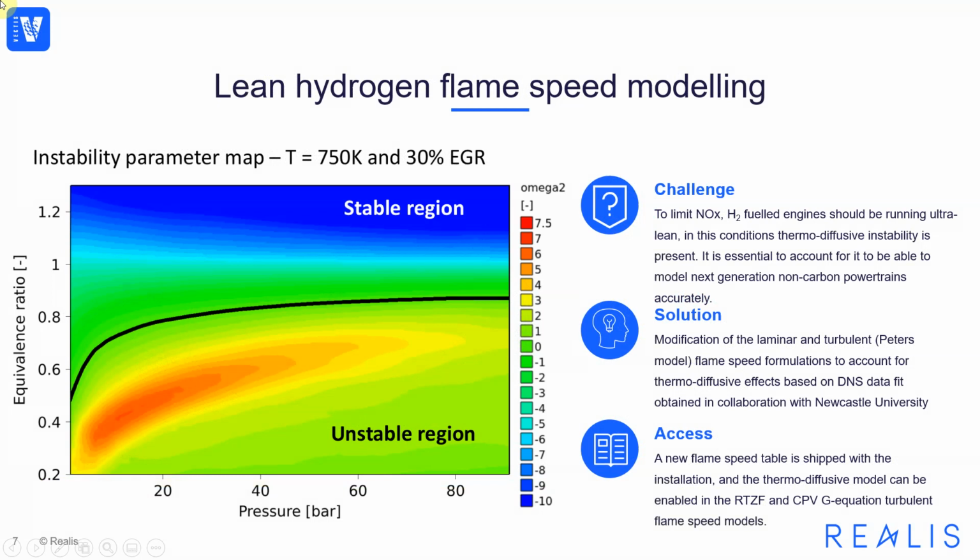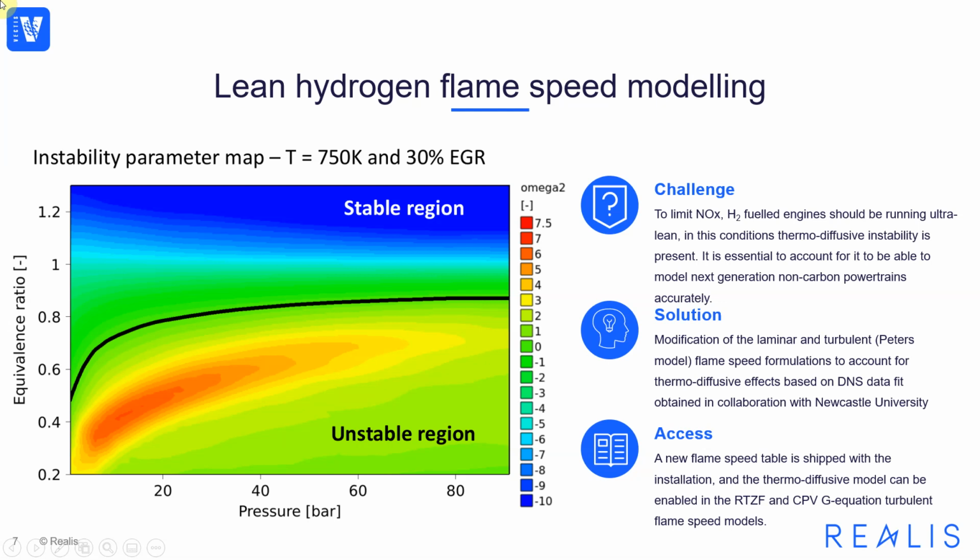The next feature concerns the modeling of lean hydrogen flame speed. Lean premixed hydrogen flames are characterized by the so-called thermodiffusive instability, in which the flame, even in the absence of turbulence, will accelerate due to an imbalance between mass and heat diffusion.